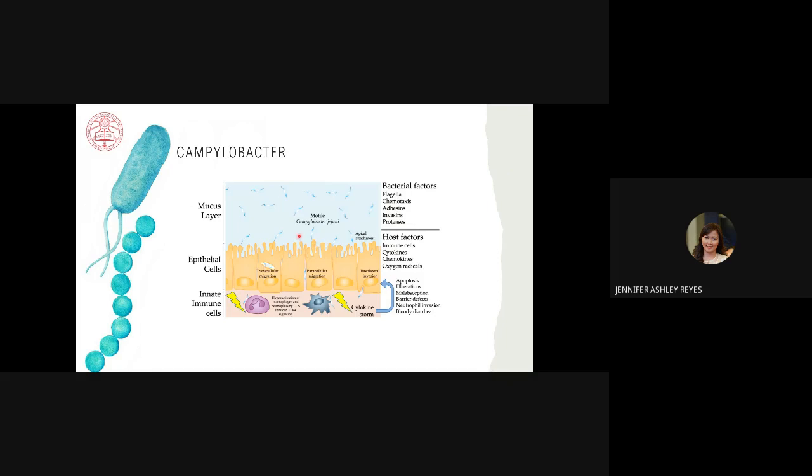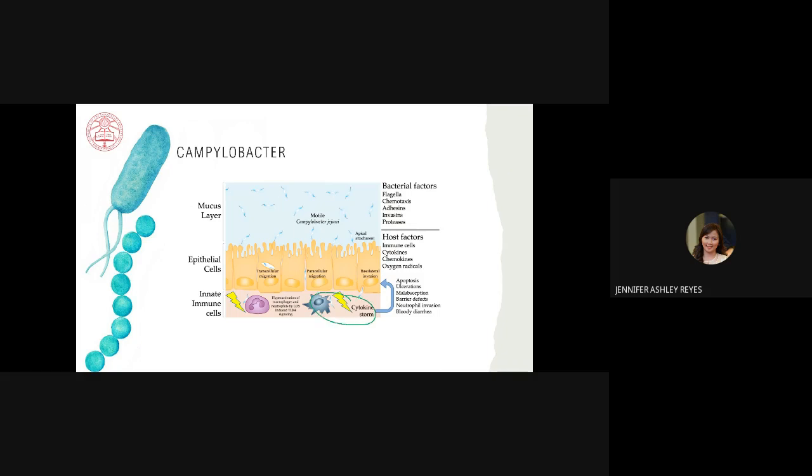So pagka nagkaroon tayo ng interaction between the organism and the effector cells of our immune system, there can be interaction of the innate immune cells. Yung sabi natin kanina na dendritic cells, macrophages, and neutrophils, it will interact with the lipo-oligosaccharide present in the Campylobacter jejuni. When that happens, WBC and lipo-oligosaccharide will create a massive pro-inflammatory cytokine response.